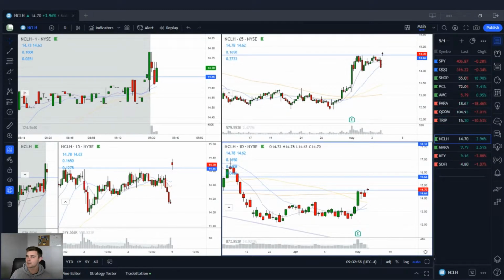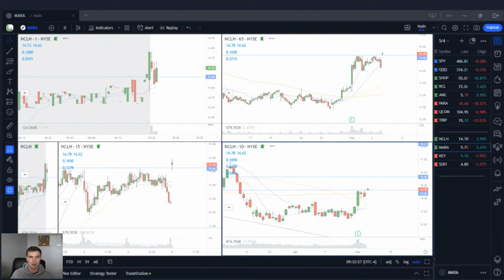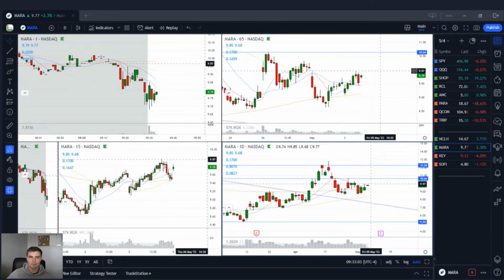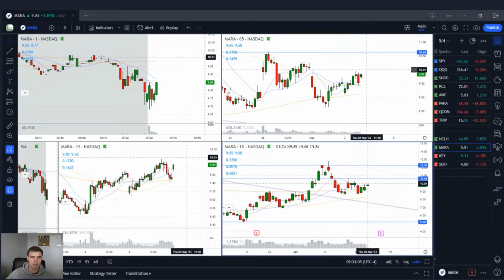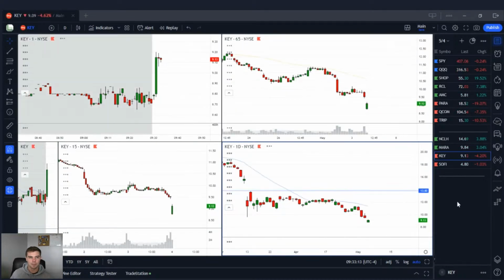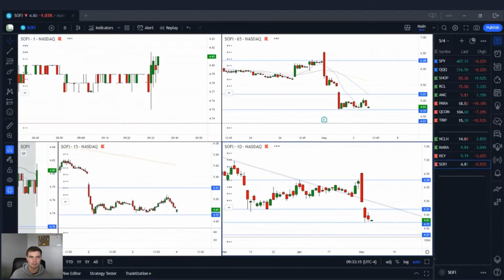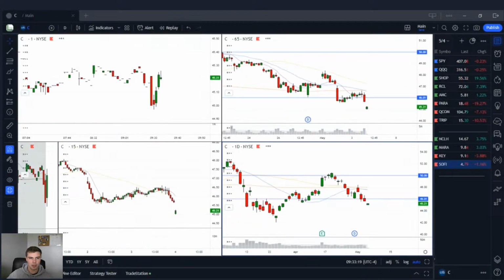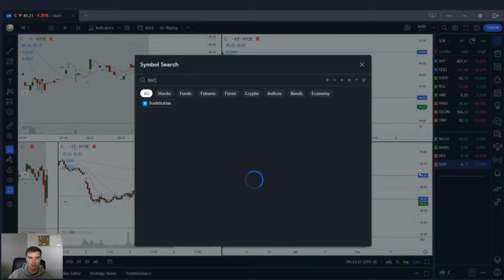Because NCLH is definitely gonna be my top watch right now. It's the only long idea that's looking halfway decent. We can watch Mara still, but I'm not even gonna think about it until it gets over $10. The keys moving up, SoFi's hanging out. The other banking stocks moving on up as well.